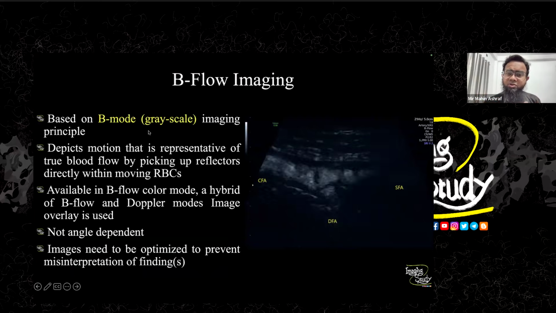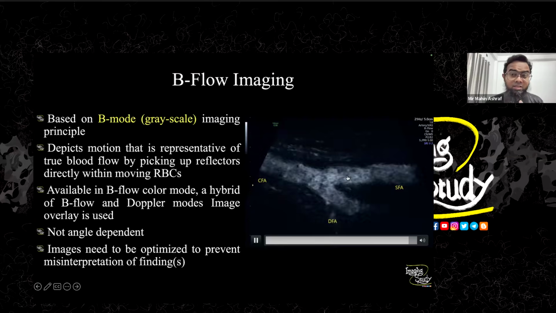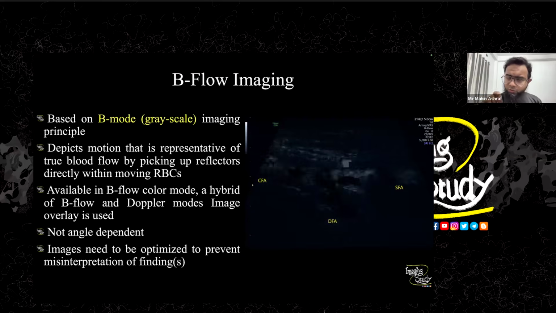B-flow is based on grayscale, so it will show you an angiogram-like picture and the flow of the blood vessel. It is a very good technique to detect flow within the carotid or peripheral arterial system.